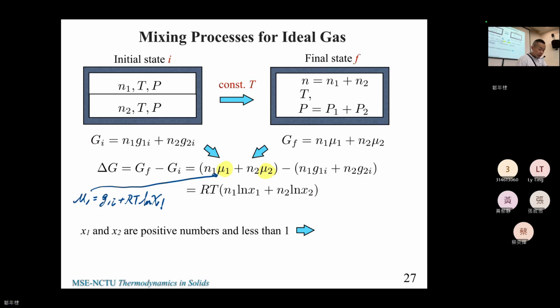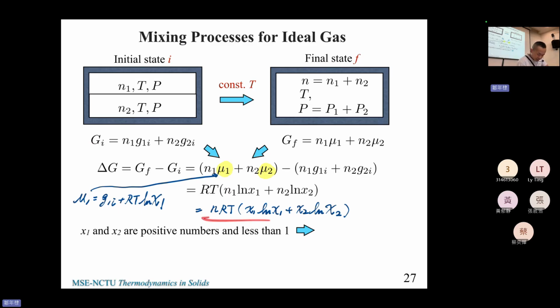Then we can write it down further: N RT times X1 natural log X1 plus X2 natural log X2, by using N times X1 equal to N1, and N times X2 equal to N2, because these are molar fractions.